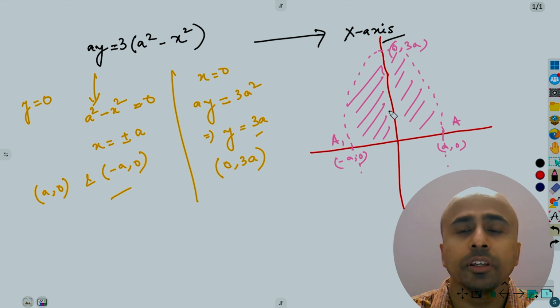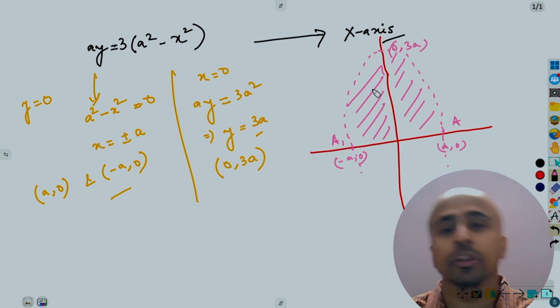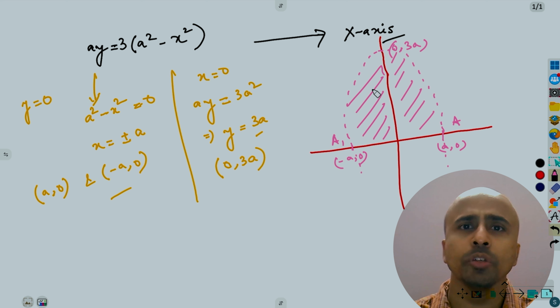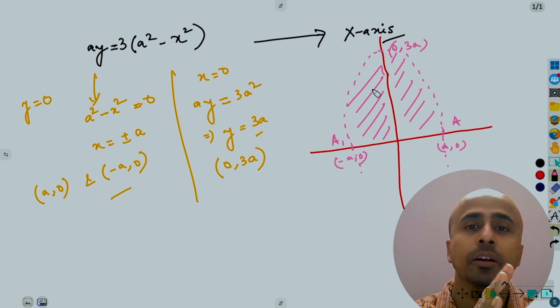As we did in the last few problems, whenever we encounter some symmetric kind of thing, there is no need to evaluate the area as a whole. Just evaluate the area in one part. Since the other part is symmetric, you just have to multiply by the number of symmetric parts.